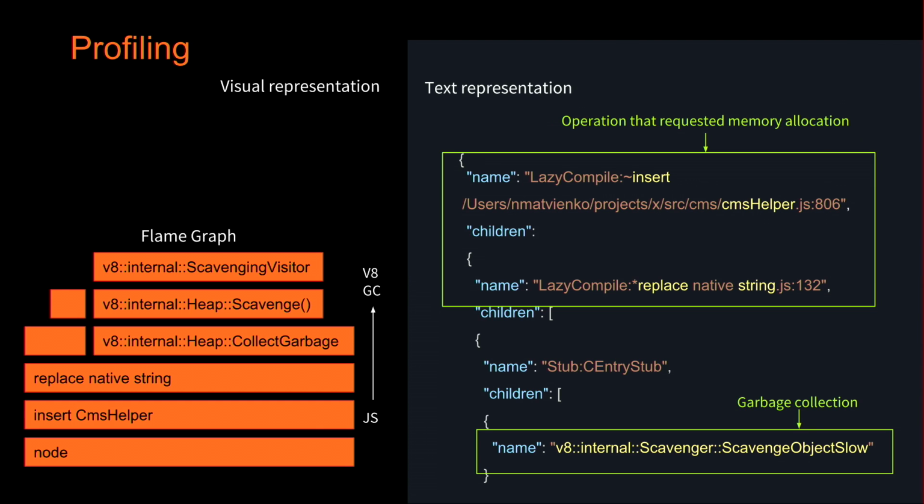Let's look at a simple implementation of a flame graph. On the left side, where the CMS helper did insert, it used string replace, which required memory allocation for a new string. And after that, since memory allocation failed, garbage collection called collect garbage.